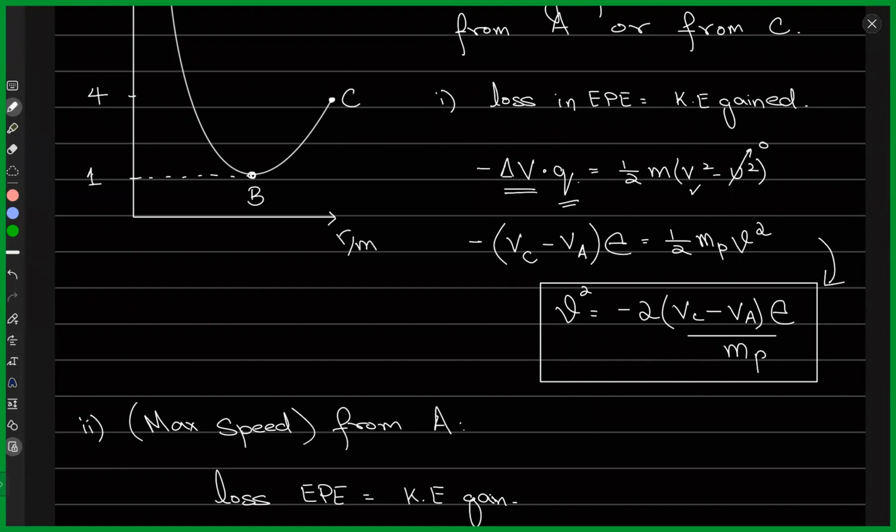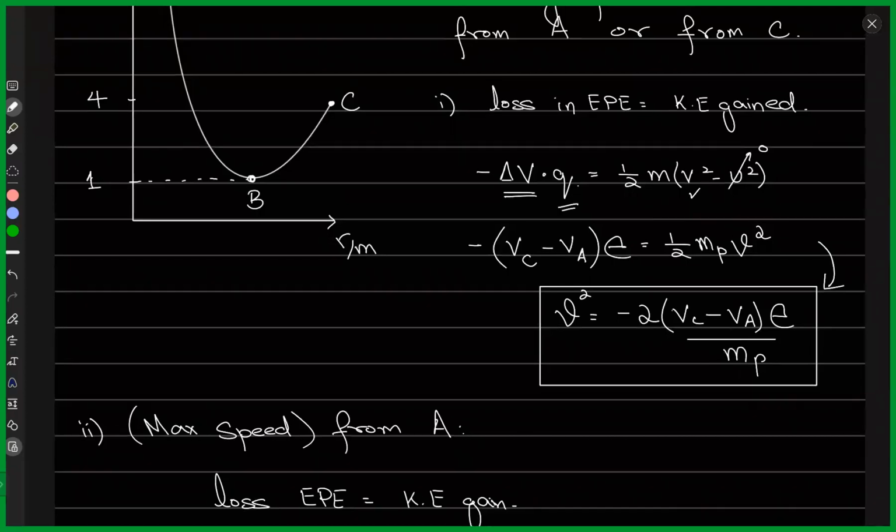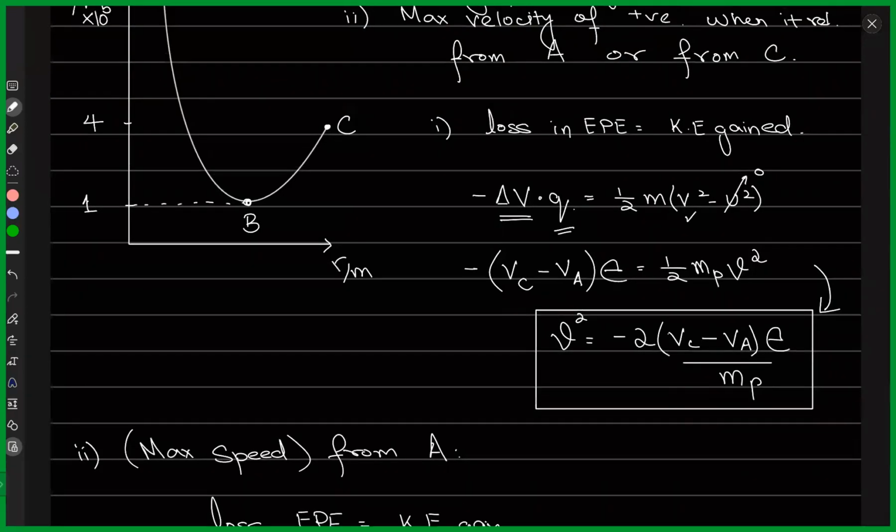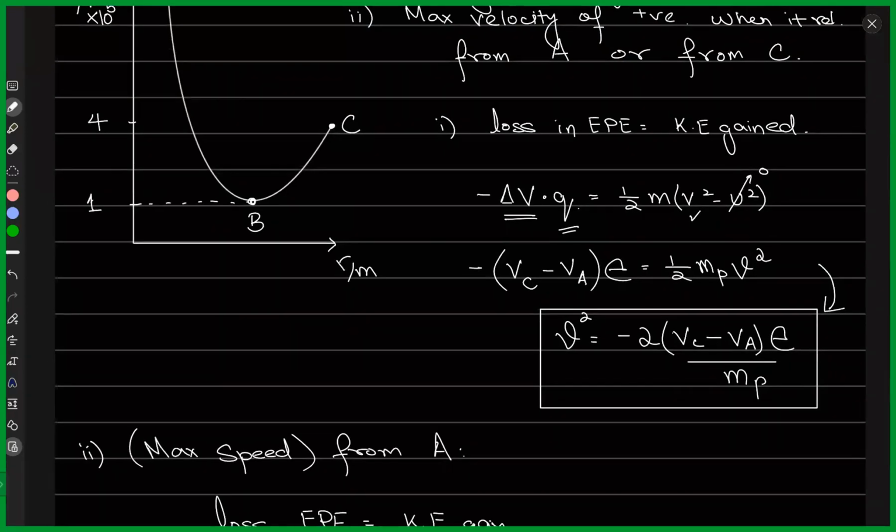Is the negative sign on the formula of EP part of the formula, or are we using it? No, it's actually part of the formula, right? The potential energy is minus change in the electric potential times Q, right?